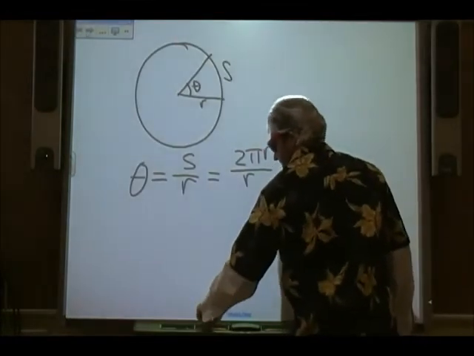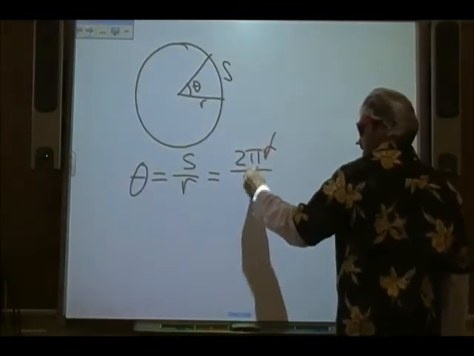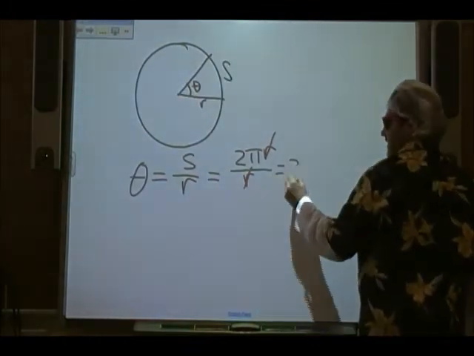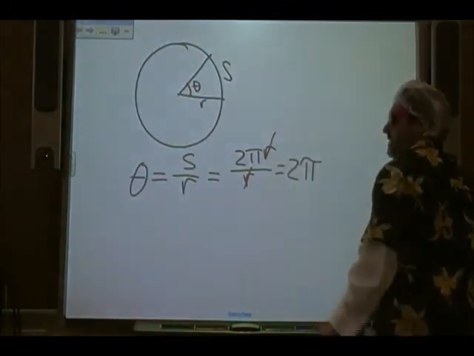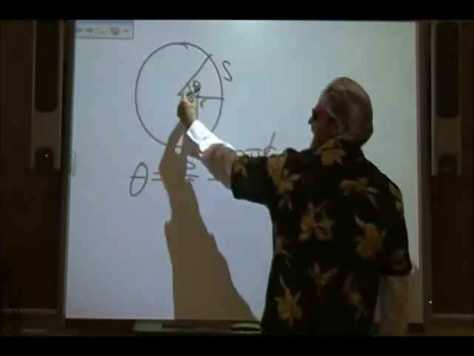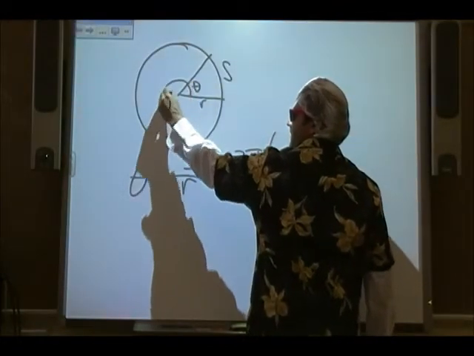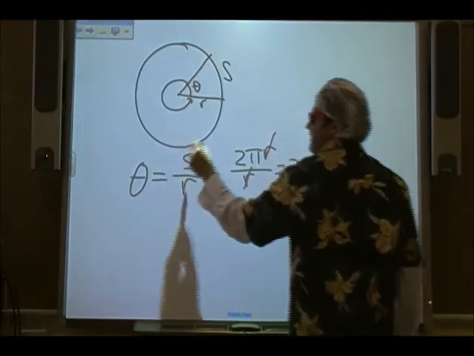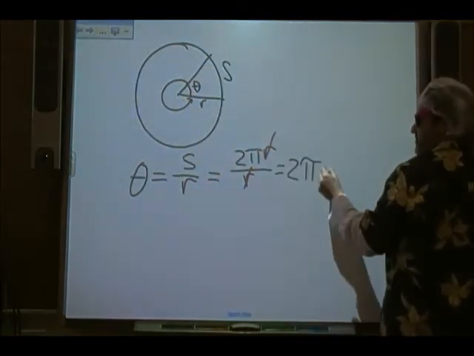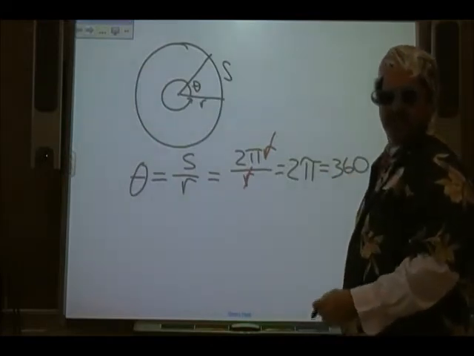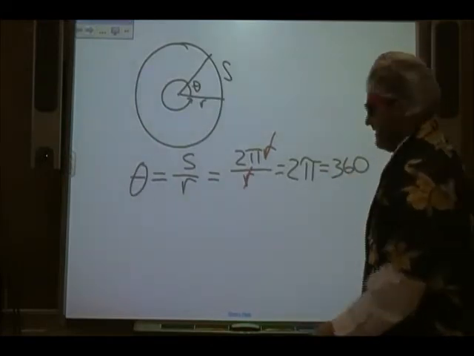Now what do you think happens there? These r's cancel, and I'm only left with 2 pi. But if this angle opens up all the way around the circle, the theta goes to 360 degrees because we discussed earlier it is 360 degrees.